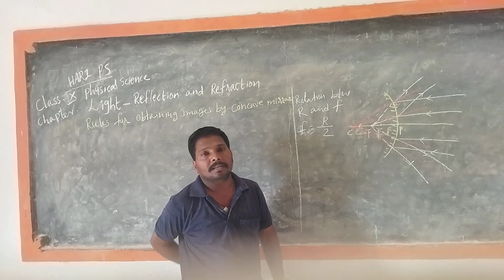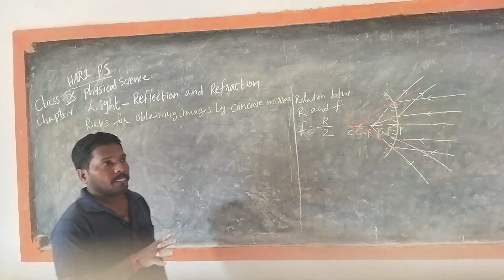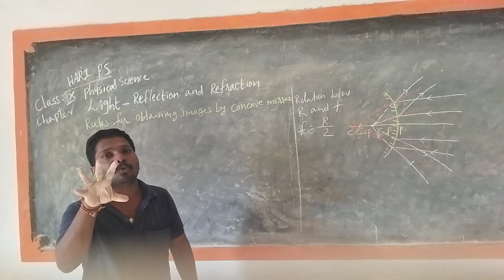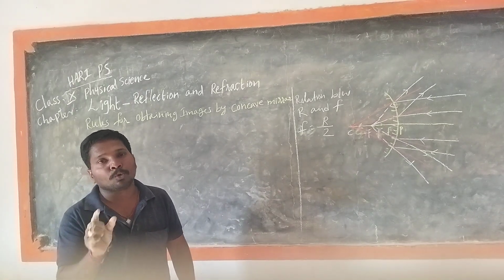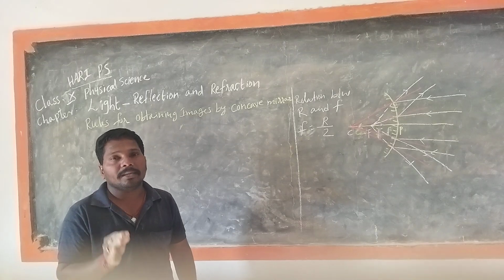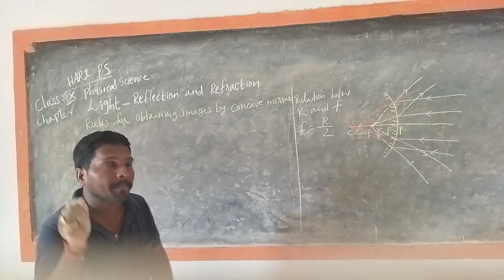At that point, the image appears. To know the formation of the image, let us learn some rules for understanding the formation of image by a concave mirror.